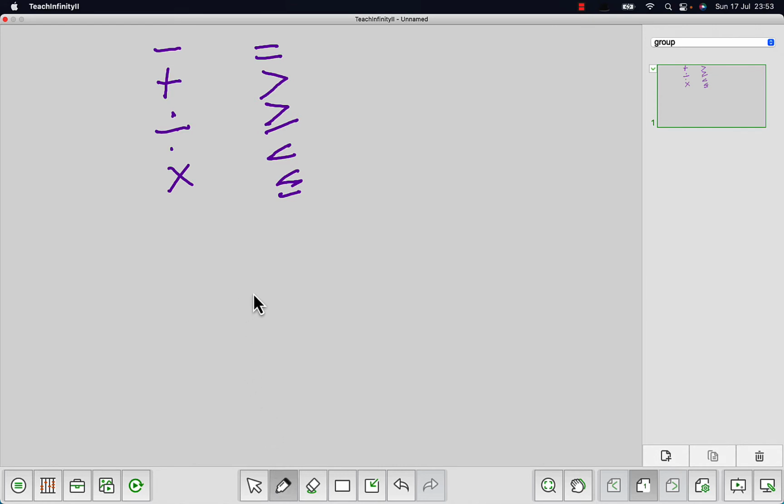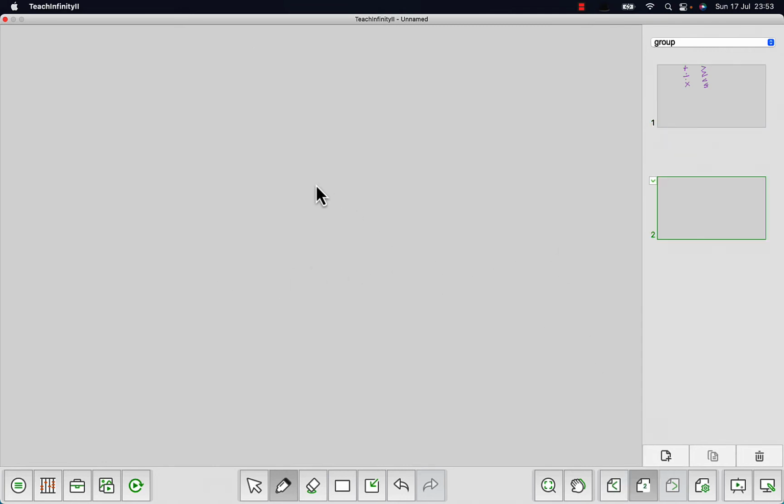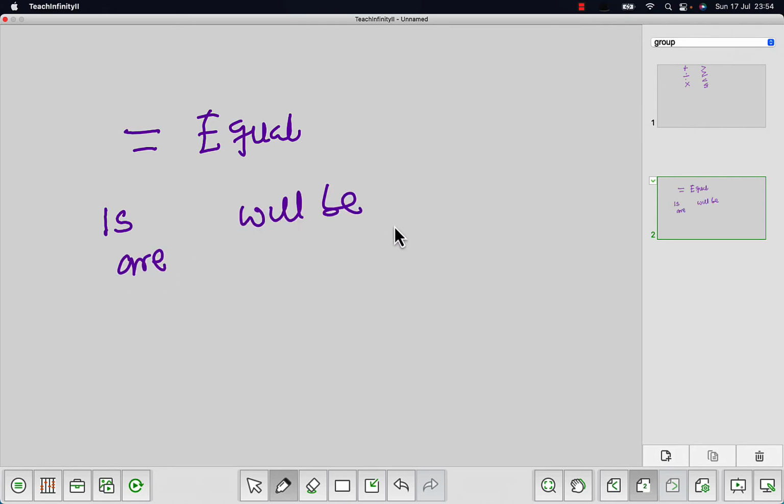All right, so what are some of the words that revolve around equal to? This is an equal sign. Usually if you see words like "is", or any form of the to-be verb, that is equal to.